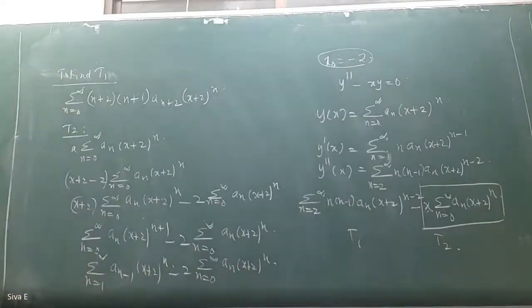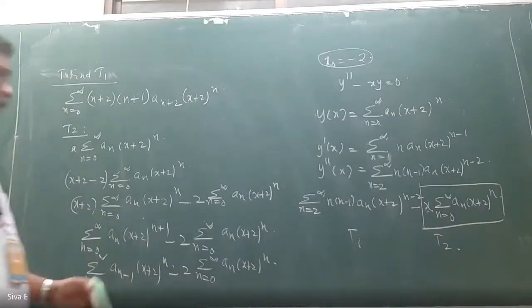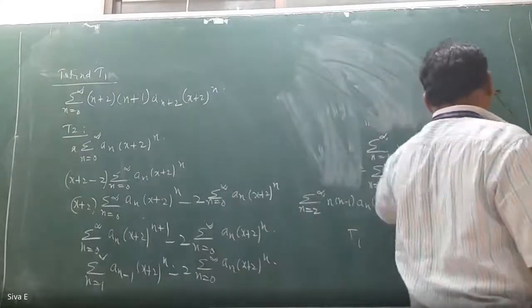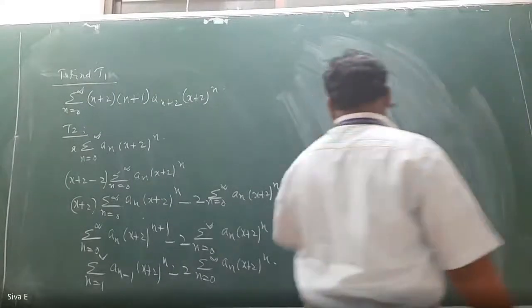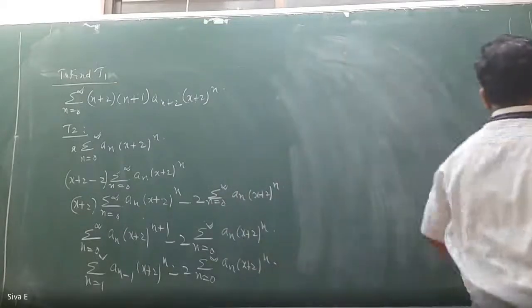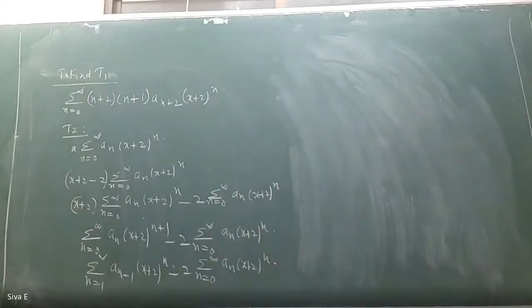What is the next step? Term 1 and term 2. First term 1 minus term 2, na.